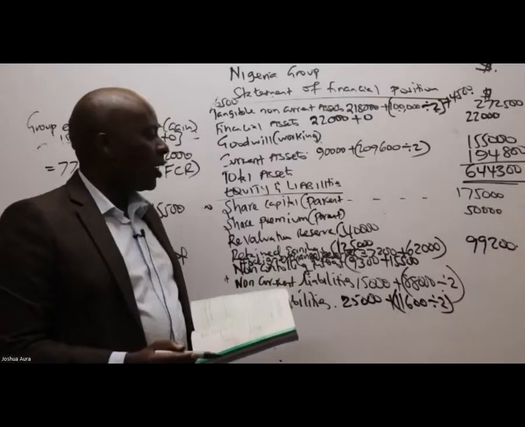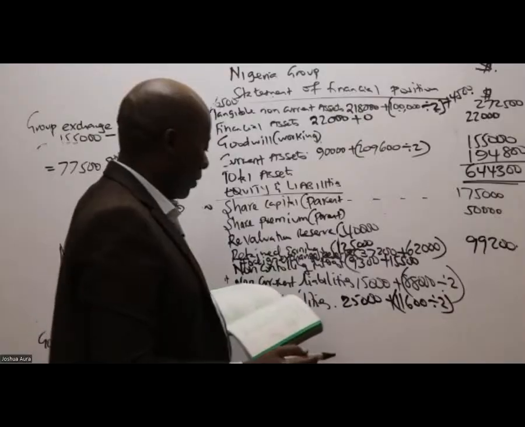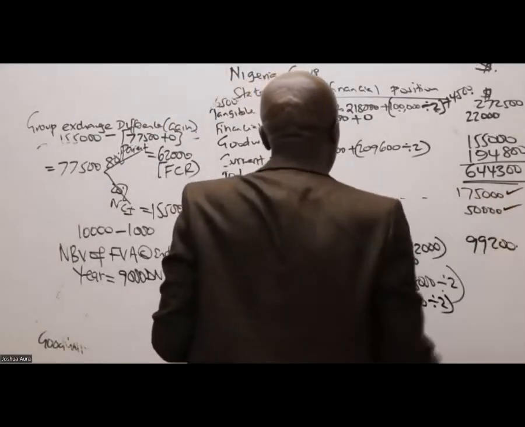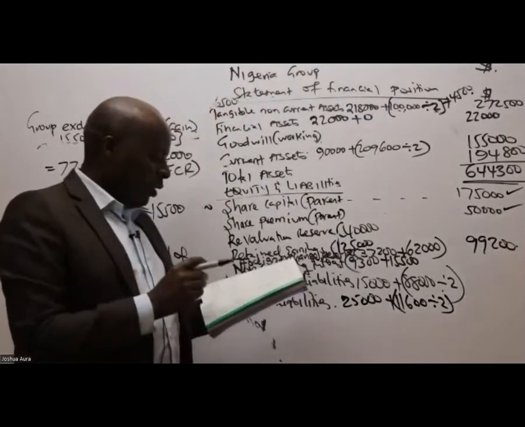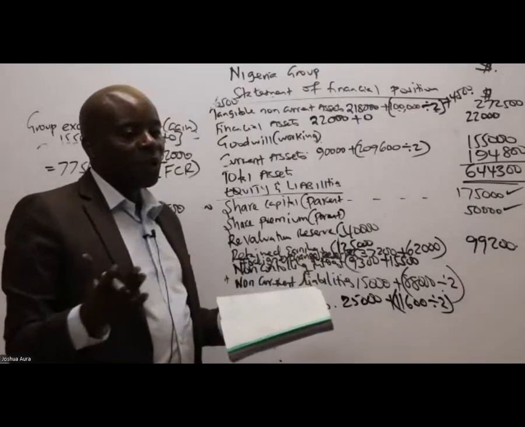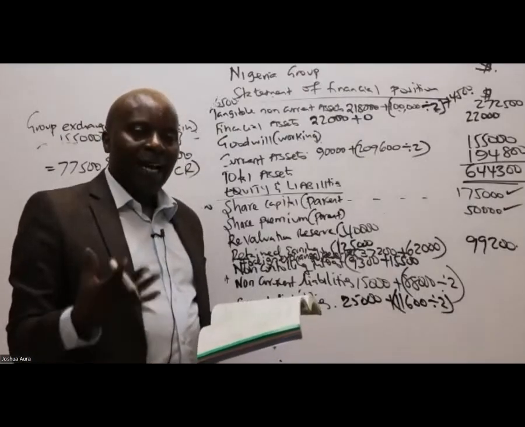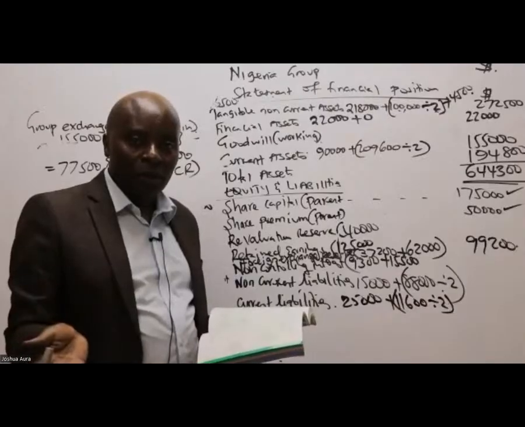Now from there, share capital is exactly the same. Share premium is also exactly the same. Then there is the revaluation reserve. Looking carefully, there was no disturbance. The assets of the parent were not revalued at all.